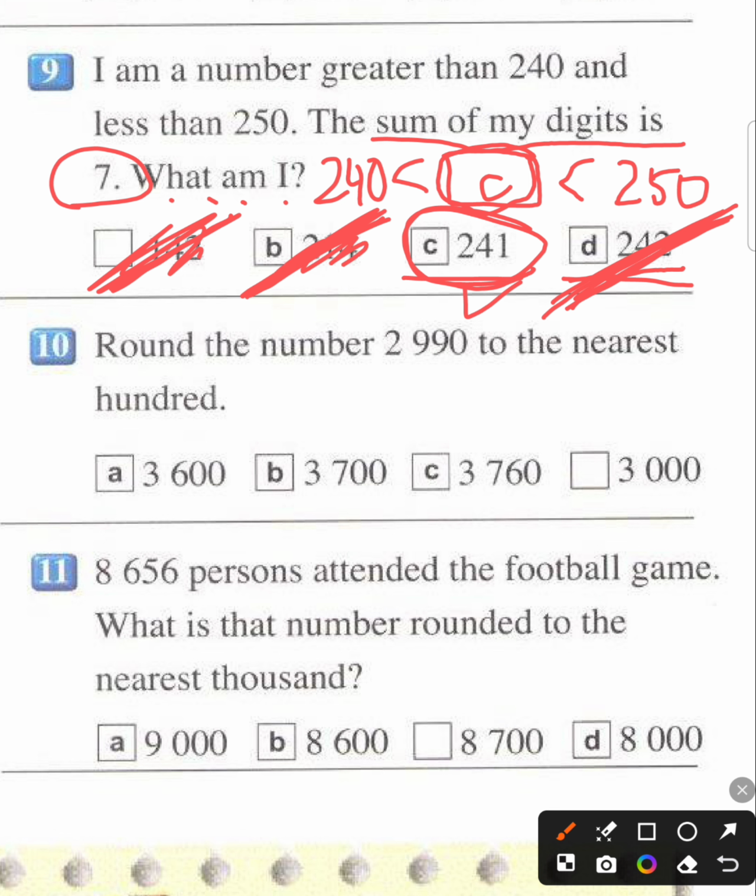Okay. Question number 10. Round the number 2990 to the nearest 100. Okay, what will we do? We have 2990, ones, tens, hundreds.